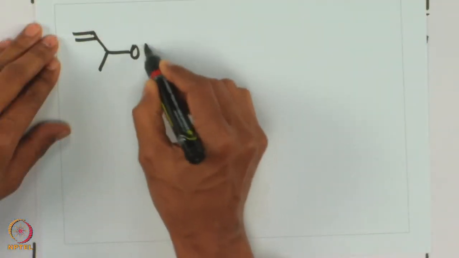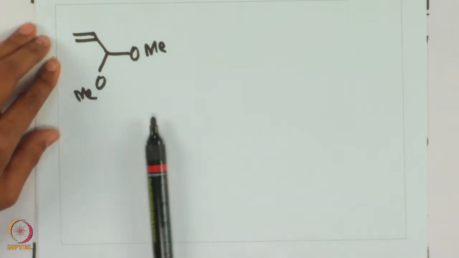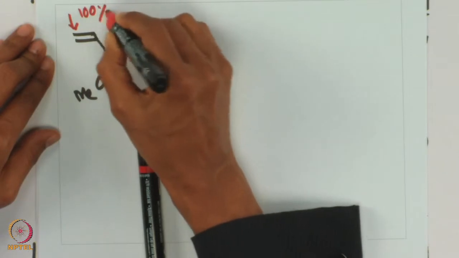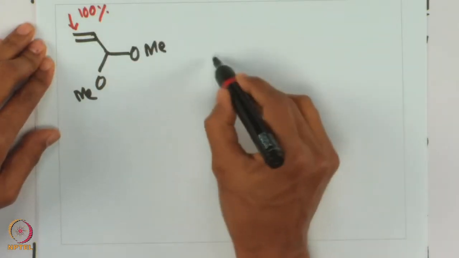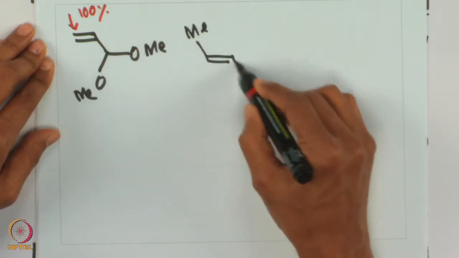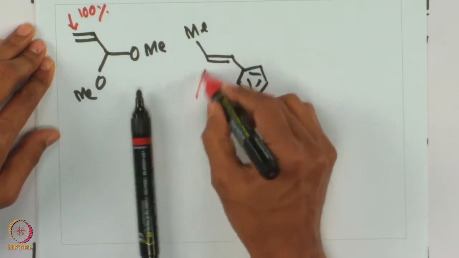Okay. Now, we will discuss a little bit more about those types of substrates where we have, let us say, a substitution like this, and in this case we will get 100% selectivity at this site, at the beta position. If you have beta methyl styrene, trans beta methyl styrene, we have 79% selectivity.